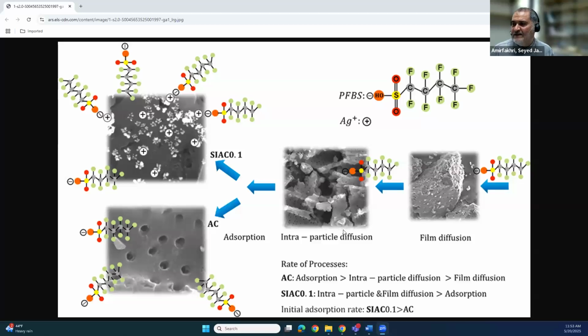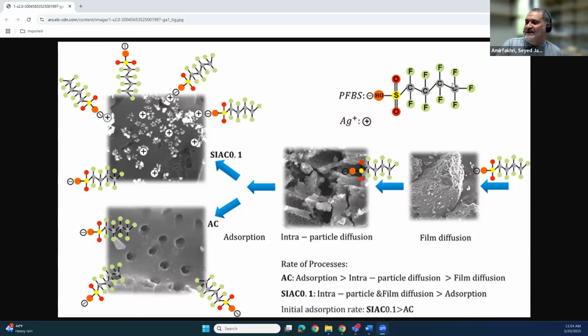To explain this question, I would like to refer you to this image, which is our latest publication in this field. So here is the nanomaterial, in this case activated carbon, and this is a short chain PFAS.